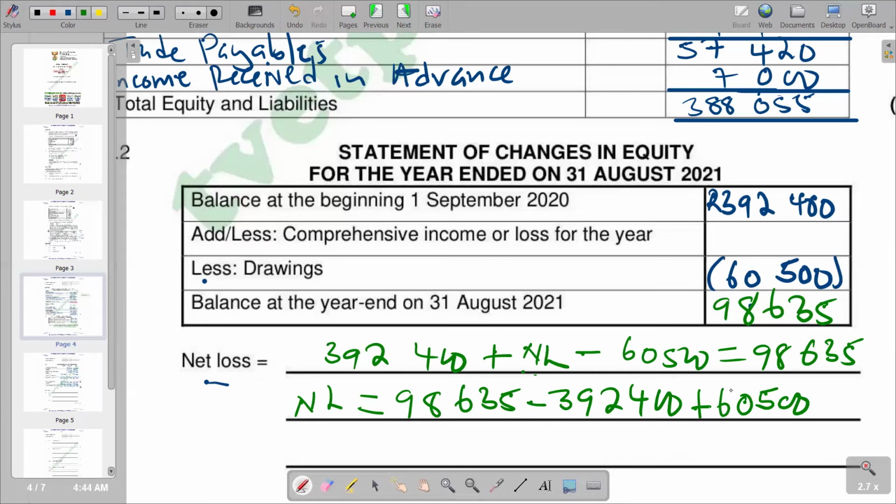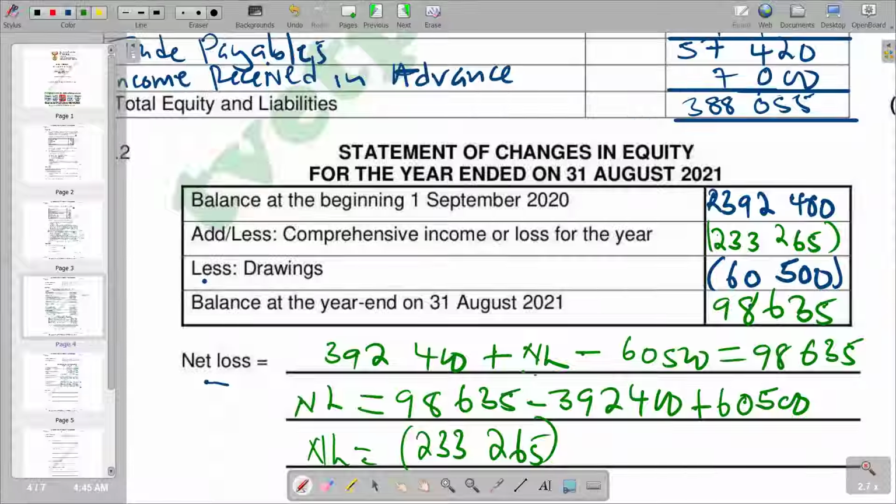If you calculate correctly, you are going to get a negative 233,265. We can put our brackets to show that it was a net loss.